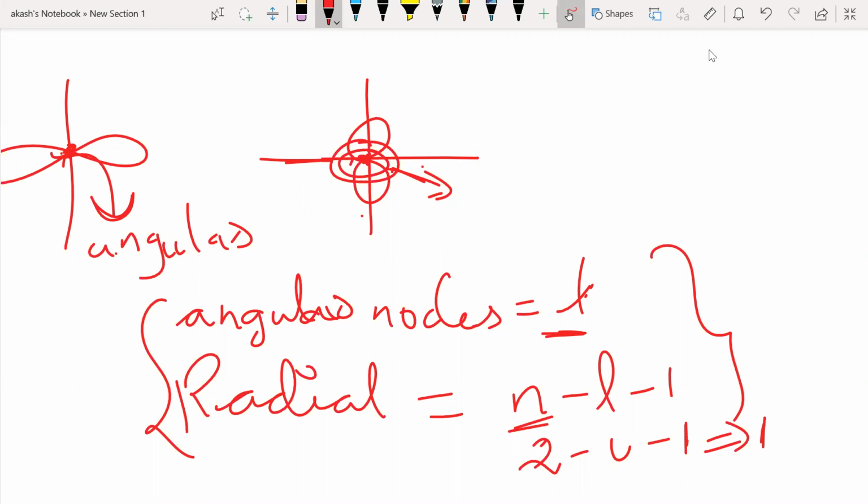Sir, is it option D? Option D. Okay, let me check. D, sir. Yeah, D for dog. Correct. So let me check. Yeah, 1.2 into 10 to the power minus 19. Yeah, D is the correct answer.